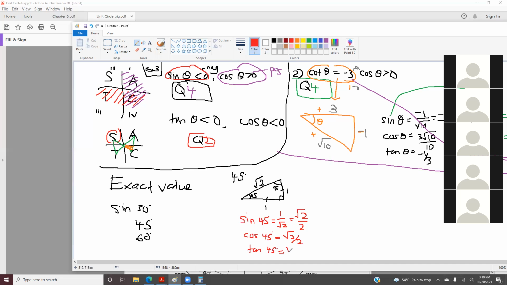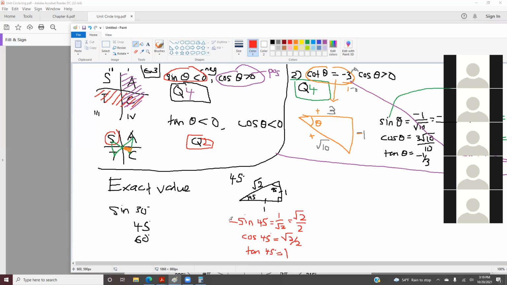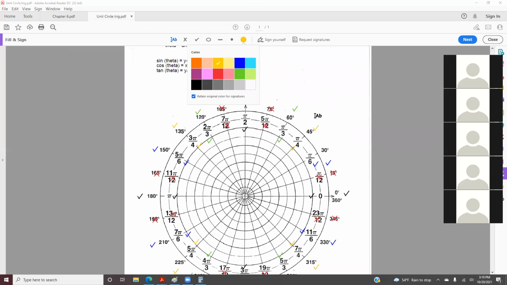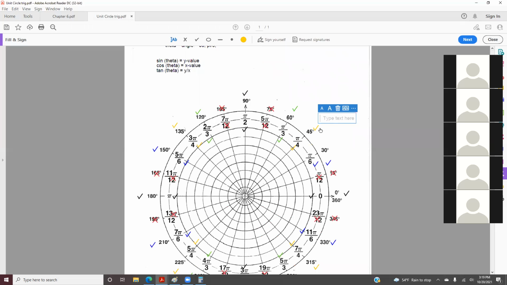This is 1. Okay. So what happens to your unit circle here is, don't forget, sine is your y value, cosine is your x value. So this 45 degrees, to use the yellow, the value for this will be square root of 2 over 2, square root of 2 over 2.